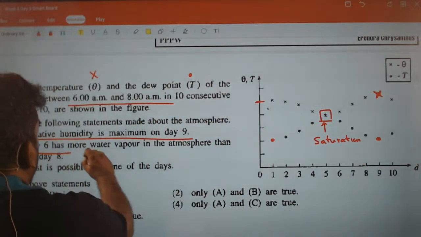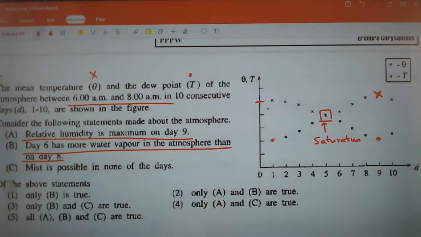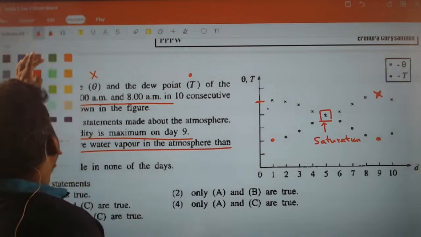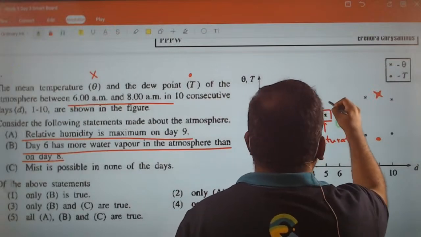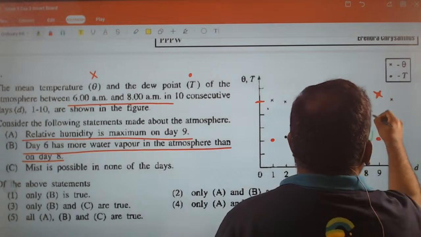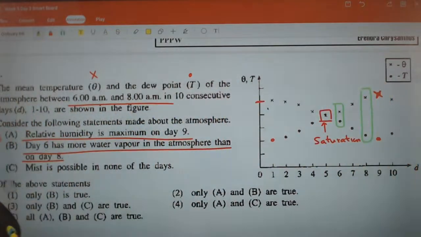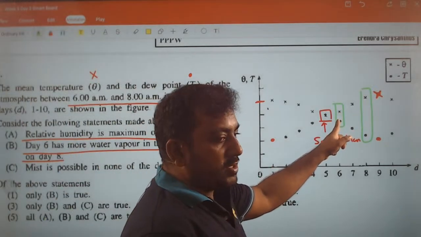Day 6 has more water vapor in the atmosphere than day 8. Look at day 6. Day 6 is here, than day 8. What can you say here? Little by little, mean temperature is close to dew point.